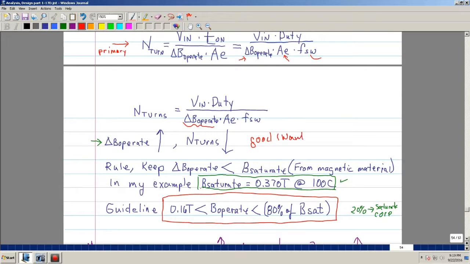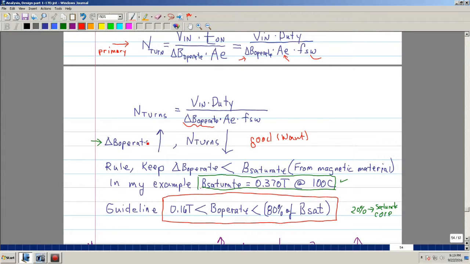You want this. You don't want a lot of windings. You want as few windings as possible. However, then you might say, well, let's start cranking this all the way up and make this as low as possible. Well, can't do that.